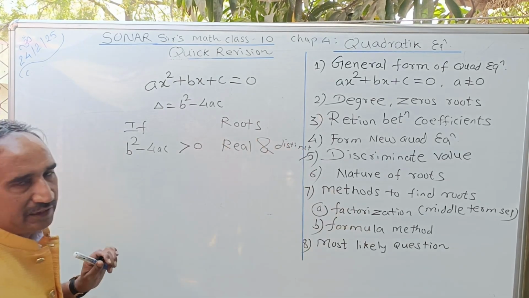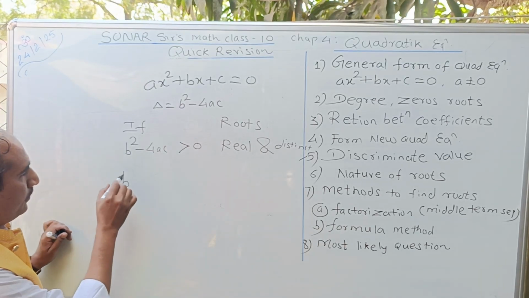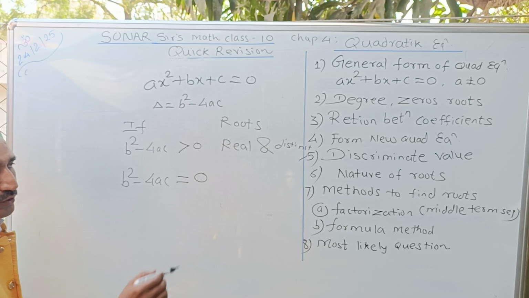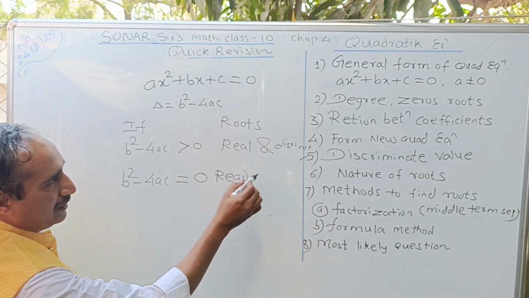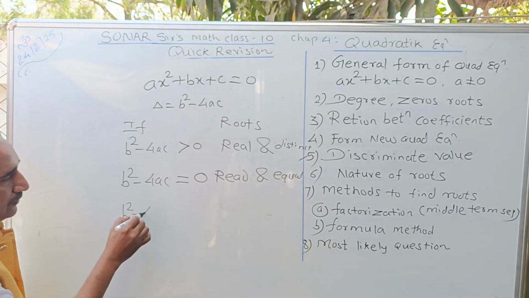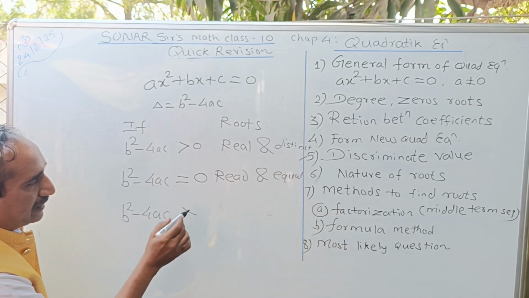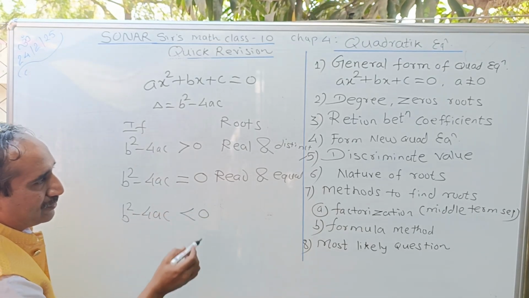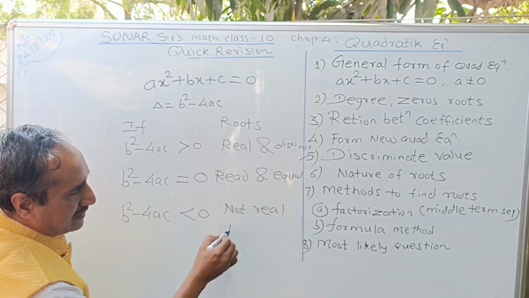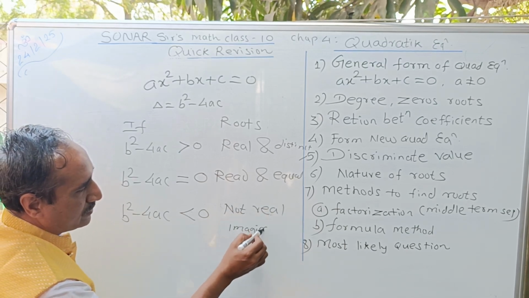Distinct means different. If b square minus 4ac is equal to 0, then roots are real and equal. If b square minus 4ac is less than 0, then roots are not real. We can say imaginary roots.